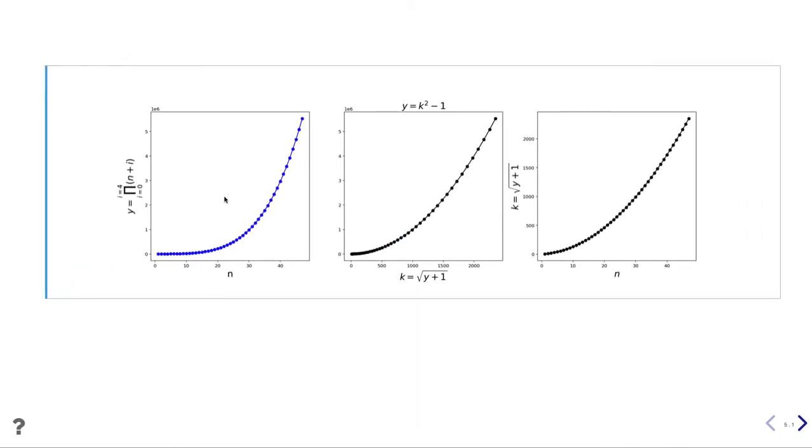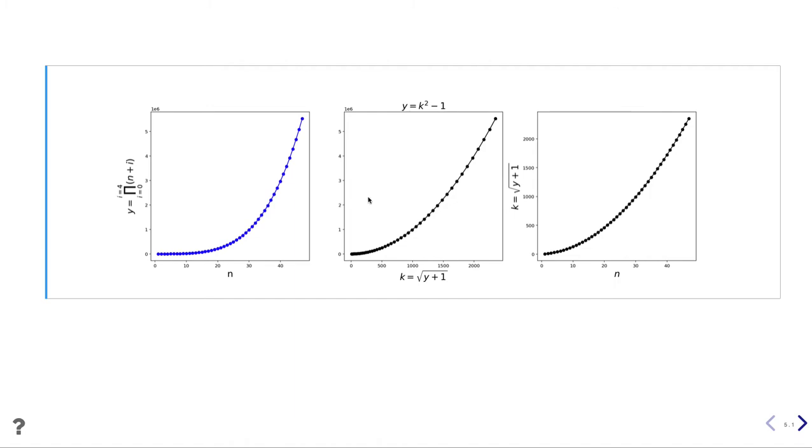Let's also look at the data. On the leftmost plot we have the number n, which is the first number of the sequence of four consecutive numbers, and on the y-axis we have their product, so we see what the product of the four consecutive numbers looks like as a function of n.